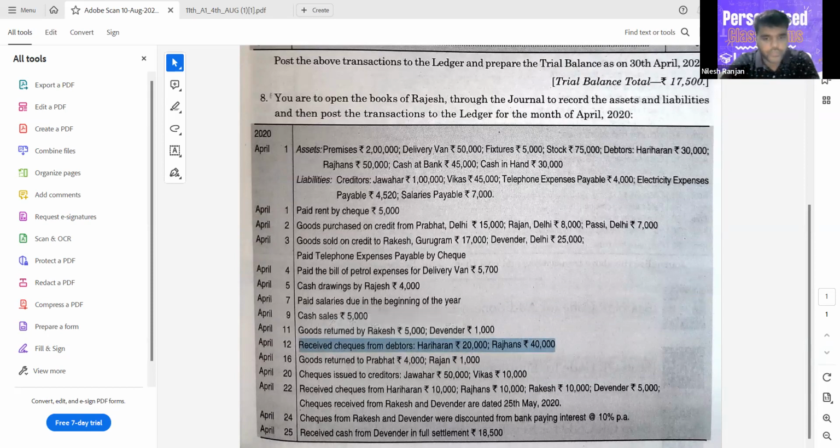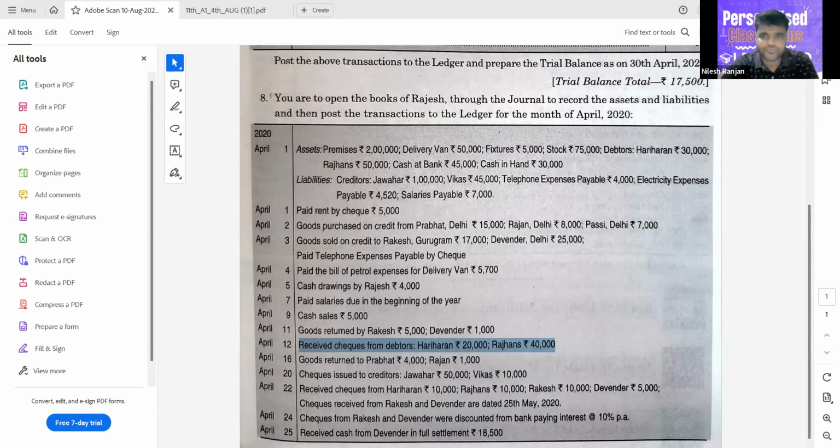Whenever there is a transaction with Hariharan or Rajan, you have to write it in the debtors account, and you will not be able to find how much amount is receivable from Hariharan or Rajan. So please prepare two separate accounts, one for Hariharan and second for Rajan.